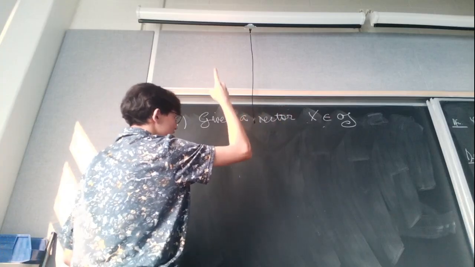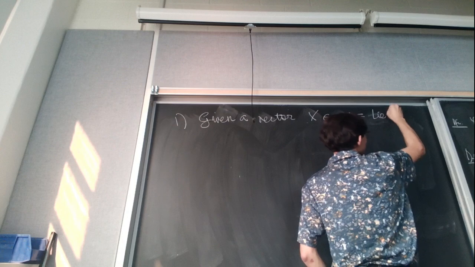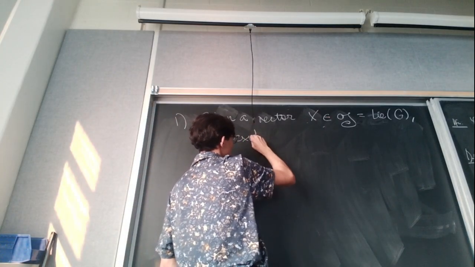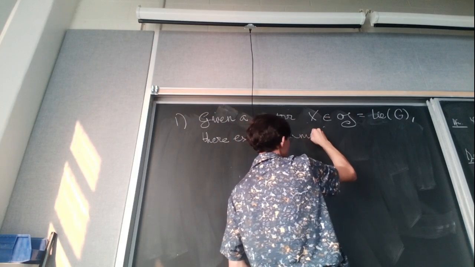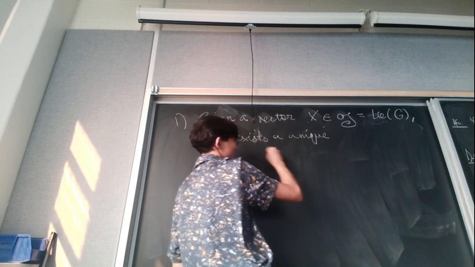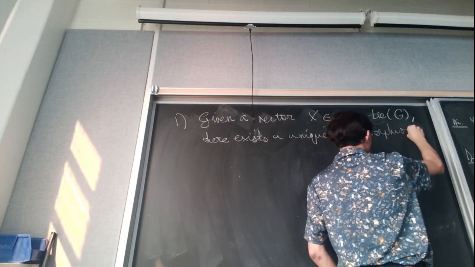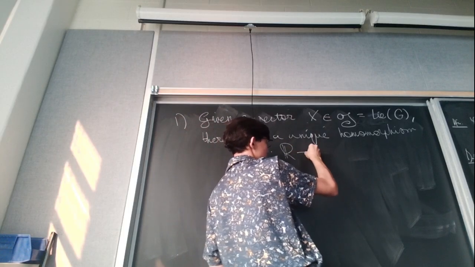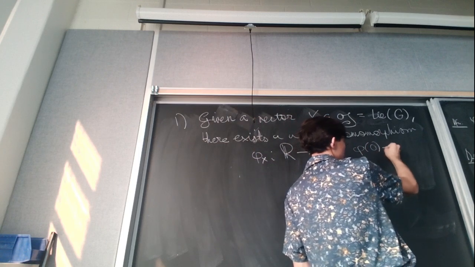So given a vector in the Lie algebra of a Lie group, there exists a unique homomorphism Dx from R to G satisfying the initial conditions.